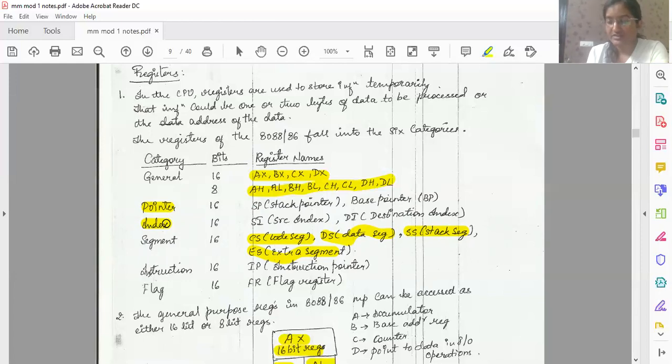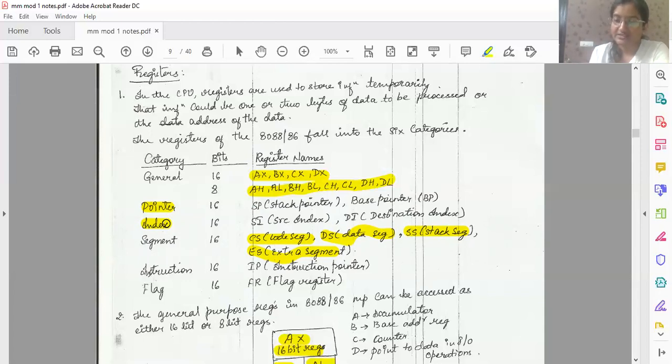Here, the stack pointer is a 16-bit register pointing to the program stack in the stack segment. The BP, that is the base pointer, is a 16-bit register pointing to data in the stack segment itself.